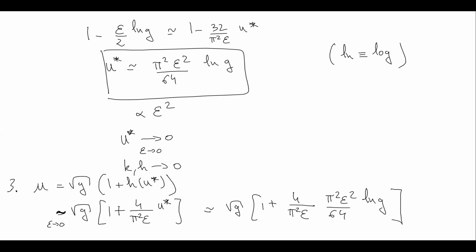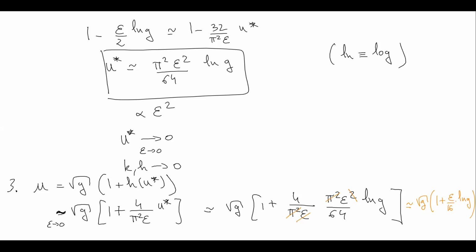Okay, so I have things that cancel out. Pi squared. And so I can recast this into the following form: square root of g times 1 plus epsilon over 16 log g.